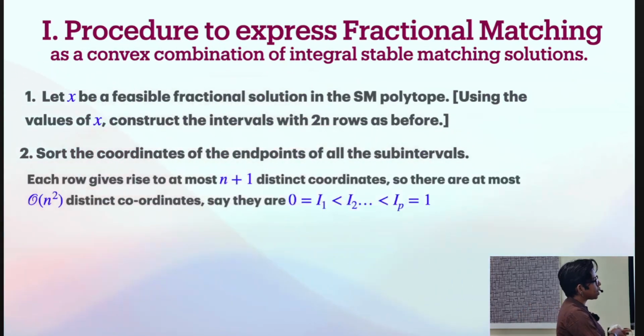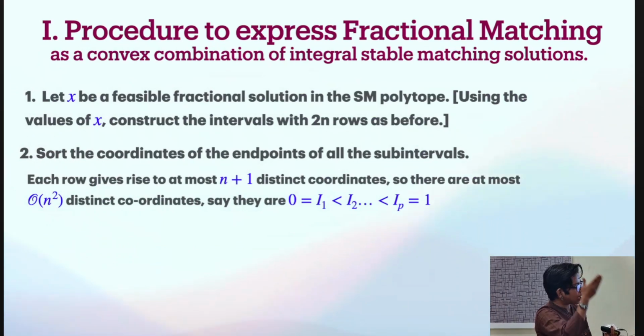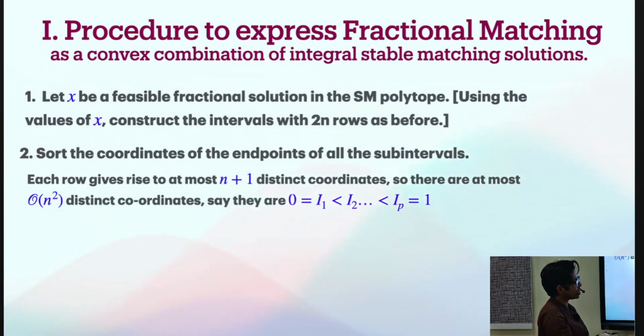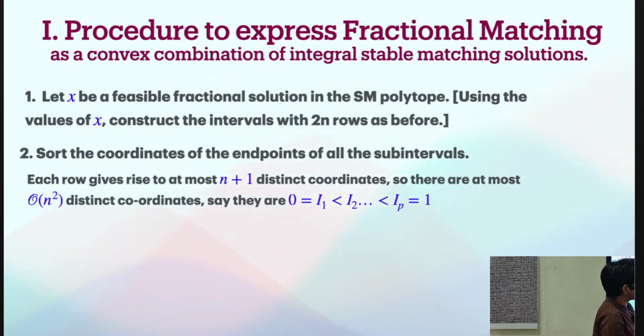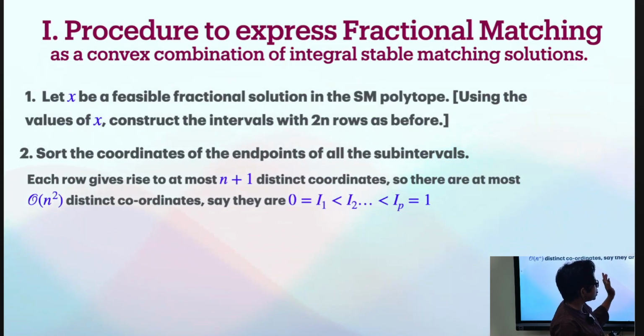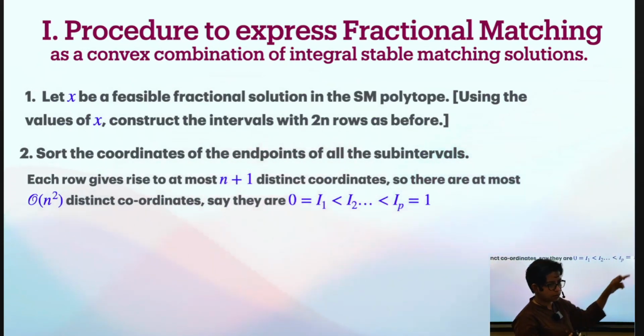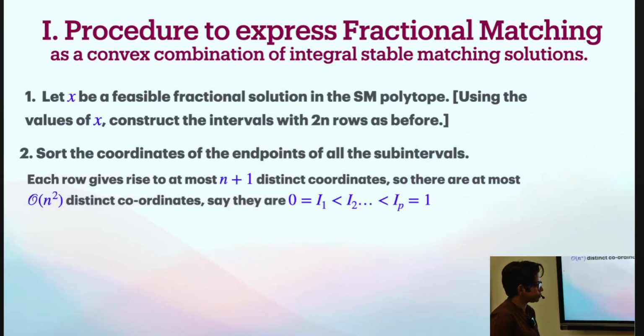So, each row has n plus 1 distinct coordinates, and overall across 2n rows, this is exactly the argument we said before. The leftmost endpoint is 0 and the rightmost endpoint is 1, right, because we are covering the 0 to 1 line.